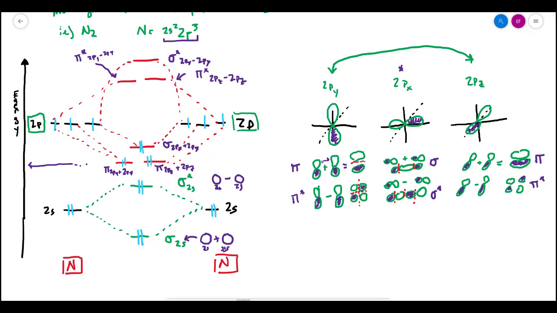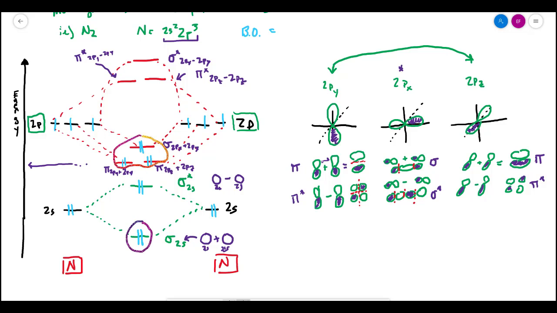Okay, so let's think about then the bond order of this molecule. So the bond order is going to be equal to the number of bonding minus the number of anti-bonding over 2. So let's count the bonding. We'll highlight that in this multicolor. So there's bonding, and then all 3 of these are all bonding.